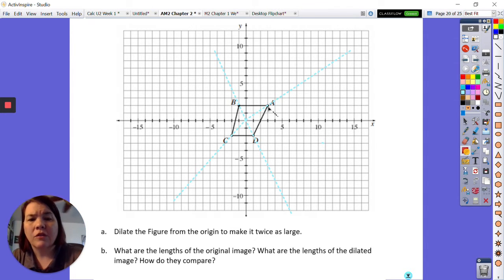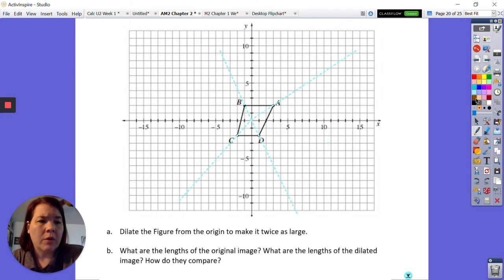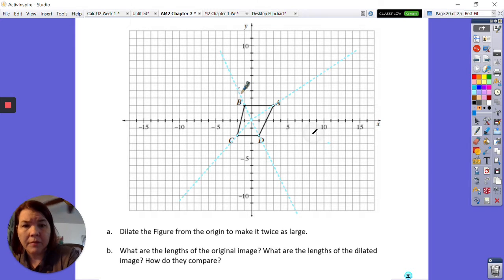So right now this is 4, and so our new one will have to be 8. So we need to lie on these lines and be 8 spaces apart. So I think here it's probably good. 2, 4, 6, 8. Yep, that's a great one.